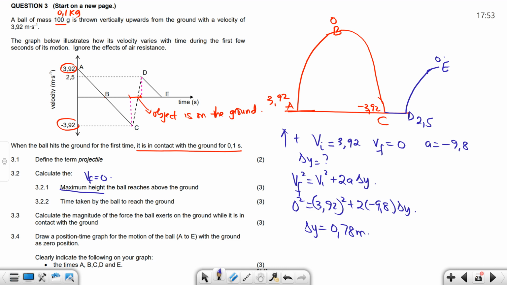All right. Time taken by the ball to reach the ground. Okay, quickly. 3.22. Let's run. Time taken. Everybody, please, let's work it out.